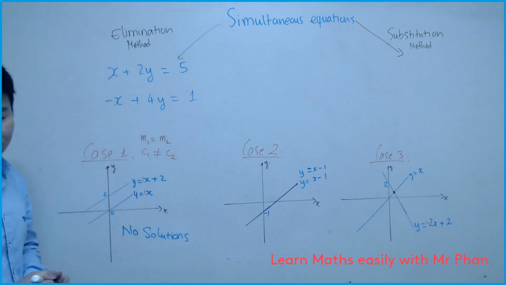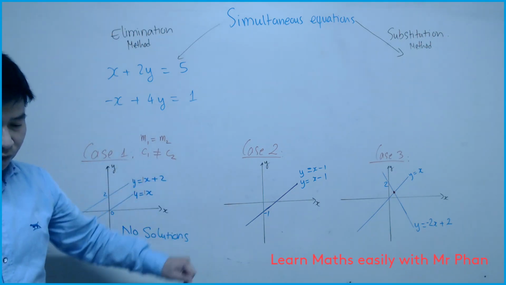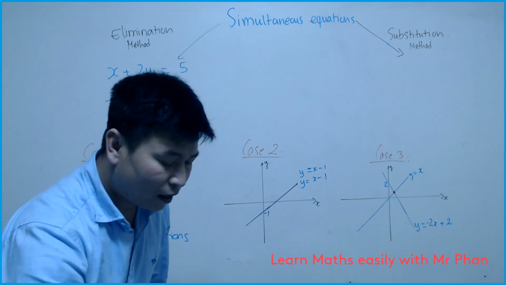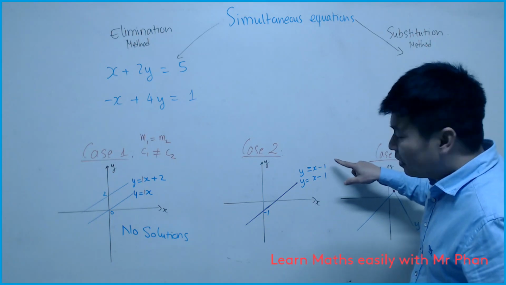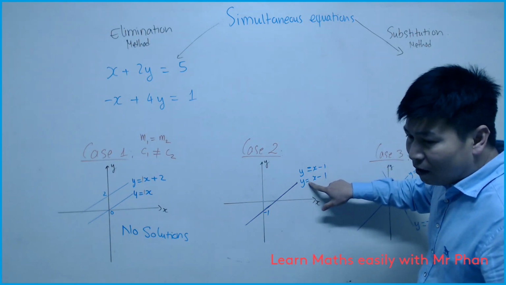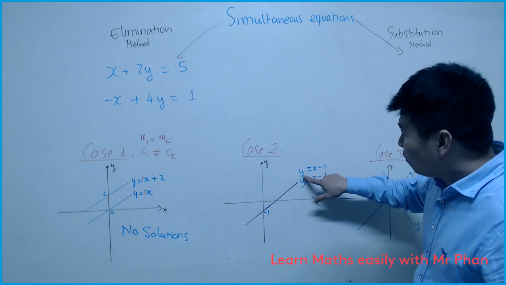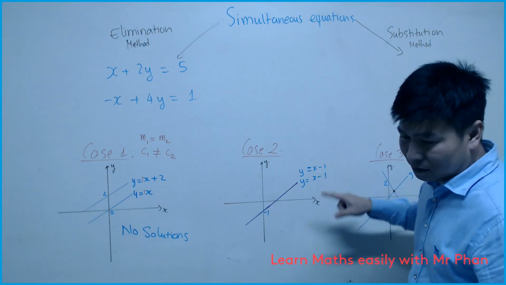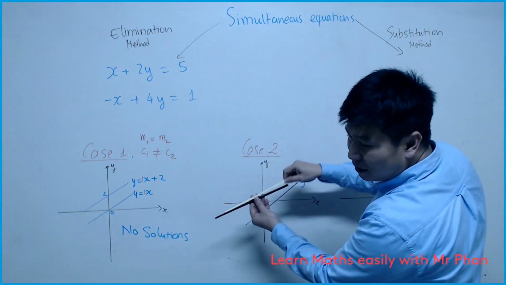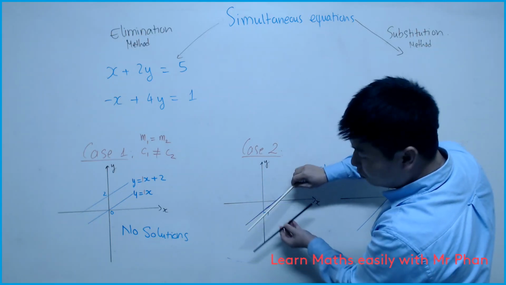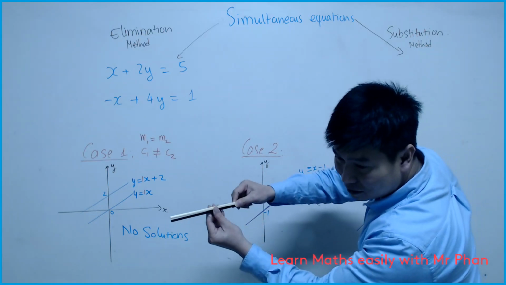Okay, case number two. You see here I have two equations that are actually the same: y equals x minus 1, and y also equals x minus 1. So actually they're the same line, on top of each other, like this.